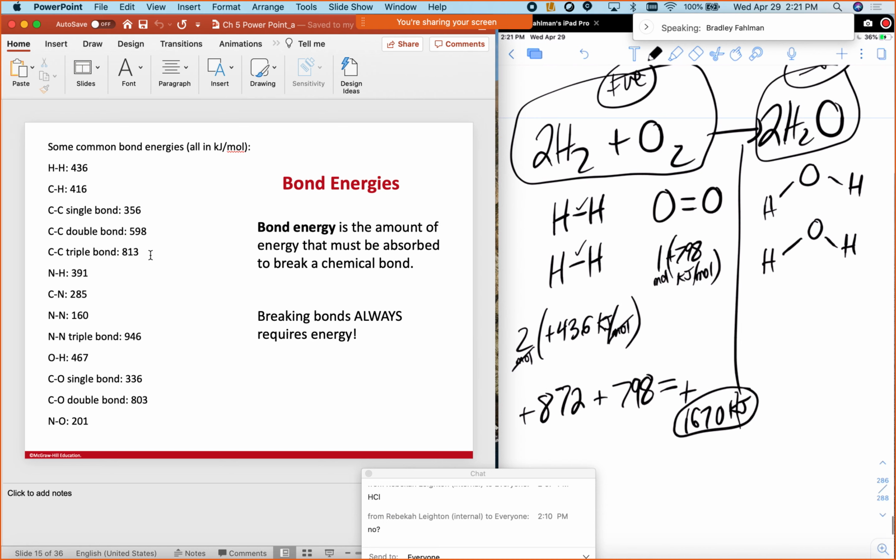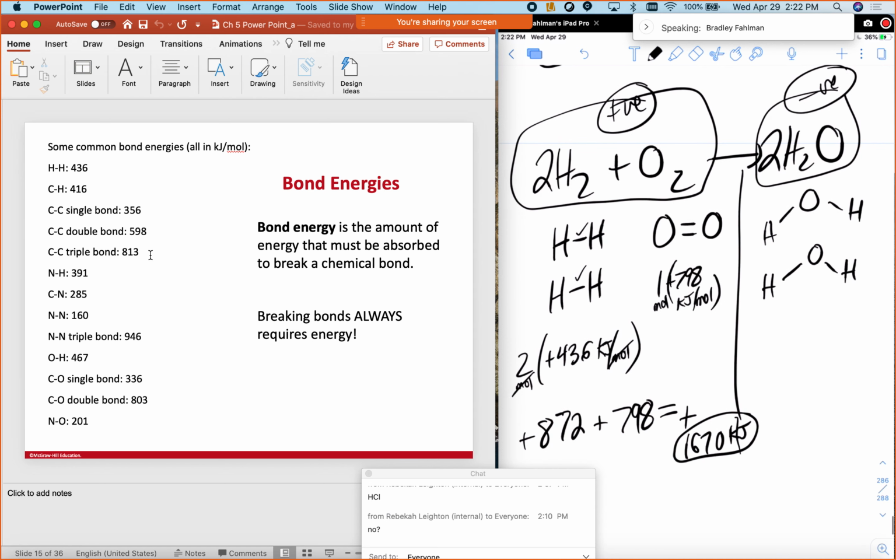Okay, and then you do the same for this side. In this side they are being formed, so they're going to release heat. Okay, and so there's 1, 2, 3, 4 OH bonds, and so that's minus 467 because they're formed.